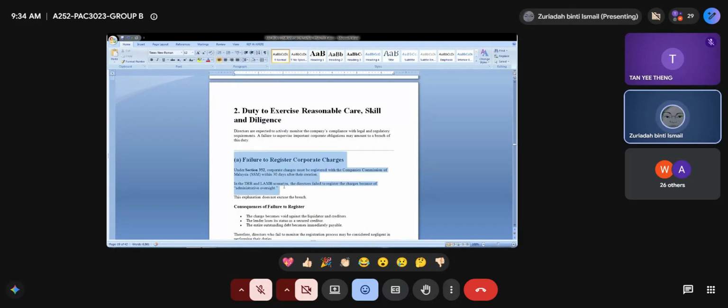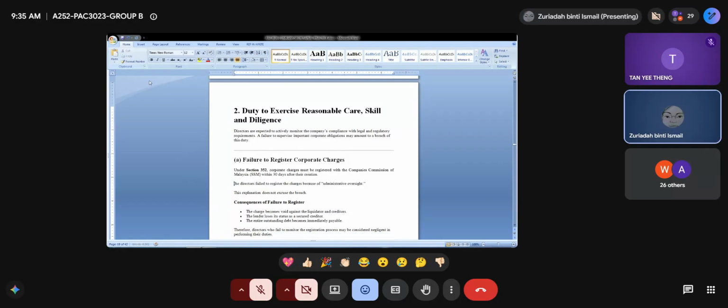This is more obvious when they fail to register when the charges are created. In that case, the director failed to register the charges because of administrative oversight.